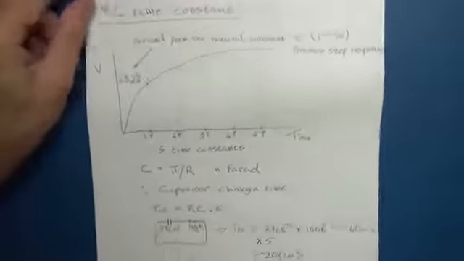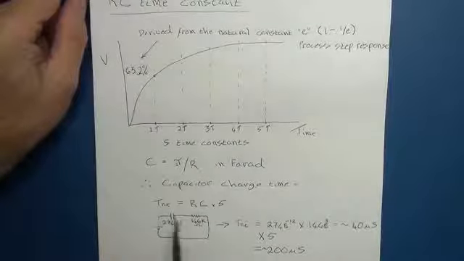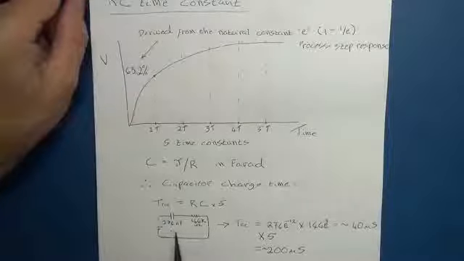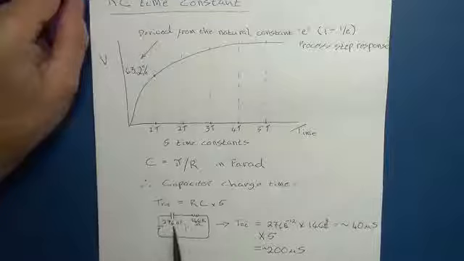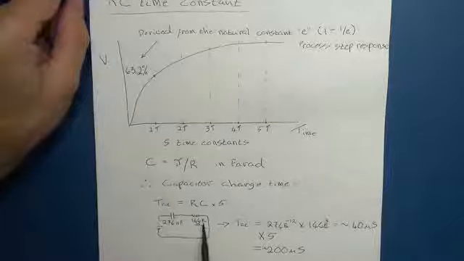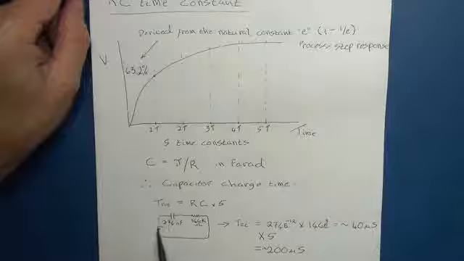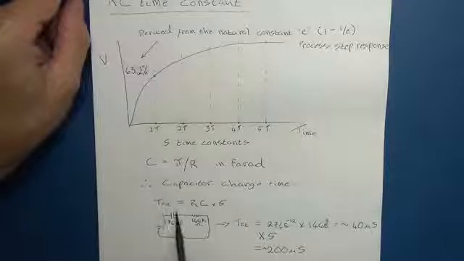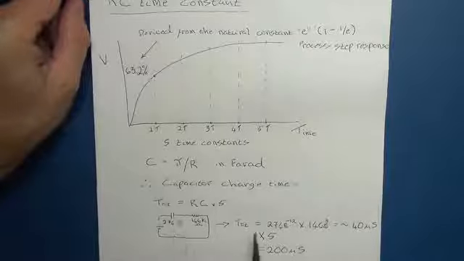Just to give you a little example, let's say we've got a circuit over here with a 240 nanofarad capacitor and a 146 kilo ohm resistor, and you wanted to work out how long it takes for the capacitor to charge up if you apply a charge to it.